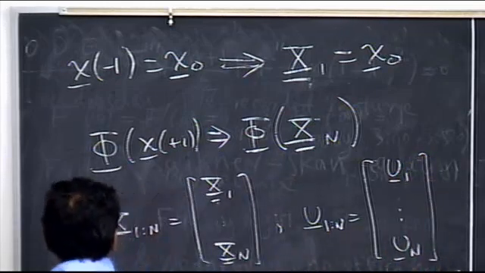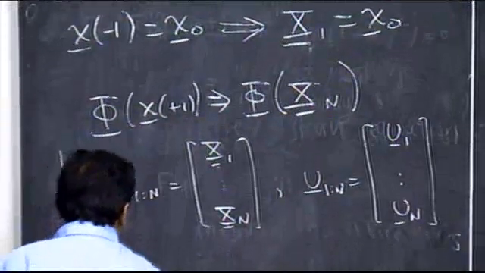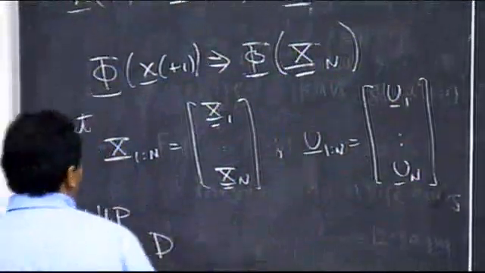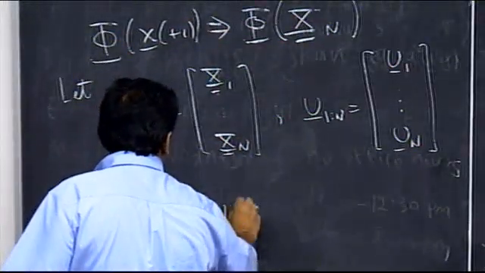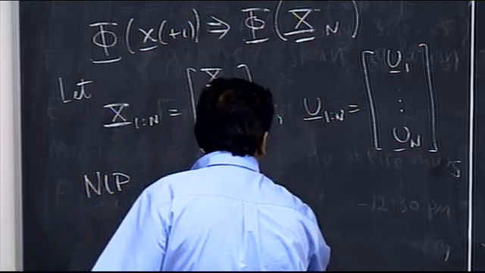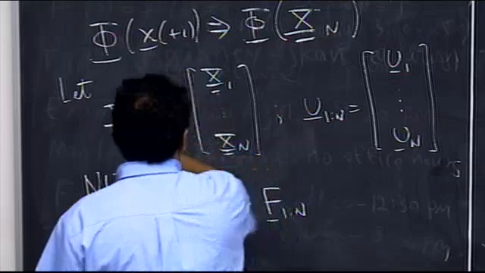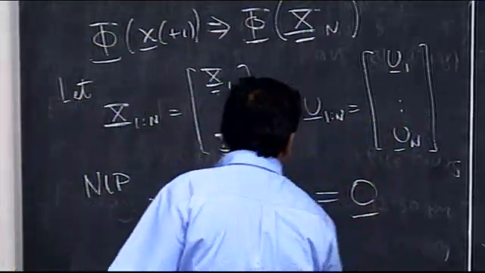Then we get the following NLP: D, that whole matrix over there, times x of 1 colon n minus f of 1 colon n, where f of 1 colon n is this whole thing evaluated at 1 colon n, has to equal 0.